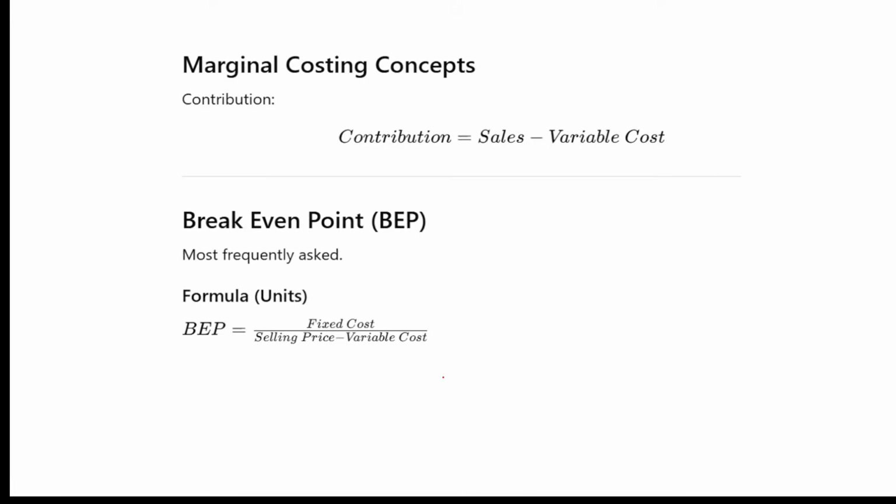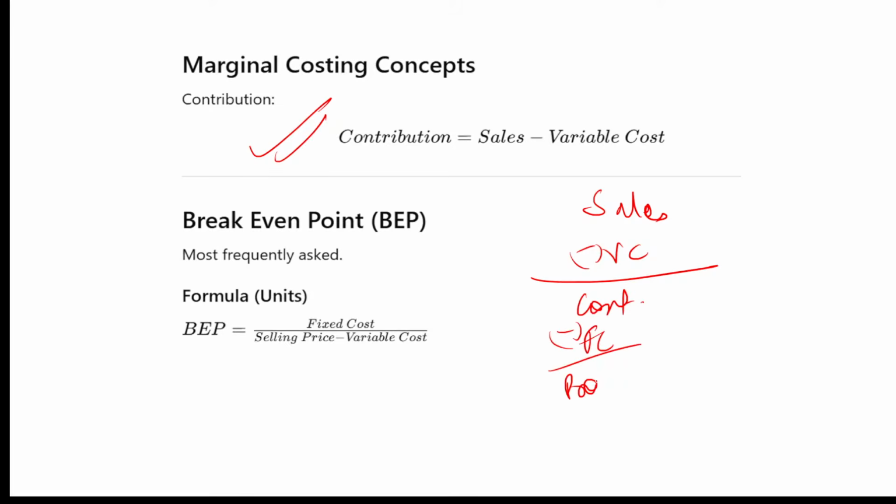Then you have marginal costing concepts. Same as I told you, just follow only this chart and nobody can touch you now. So contribution is equal to sales minus variable cost. What is break even point? Break even point is when I have no profit, no loss. Basically, I want to make this value zero. So it is highly dependent on your fixed cost.